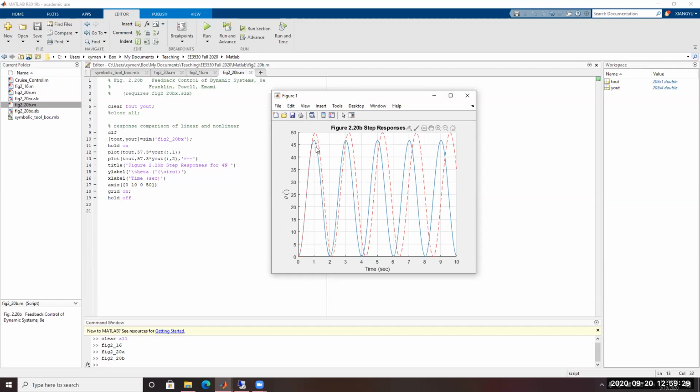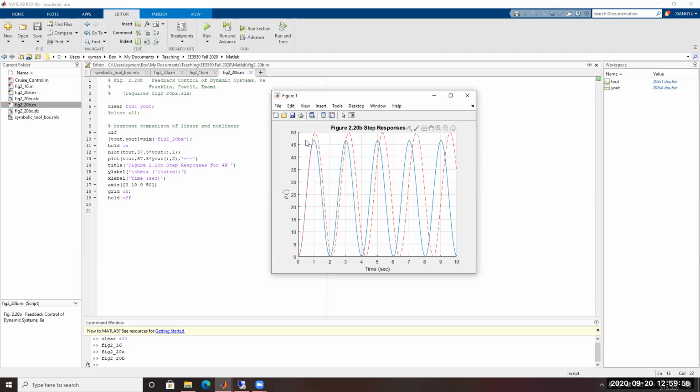The blue one is the linear model, and the red dashed curve is the nonlinear model. You see, in this case, they are quite different. In other words, the linear model is not a good approximation for the nonlinear model when the torque is large.